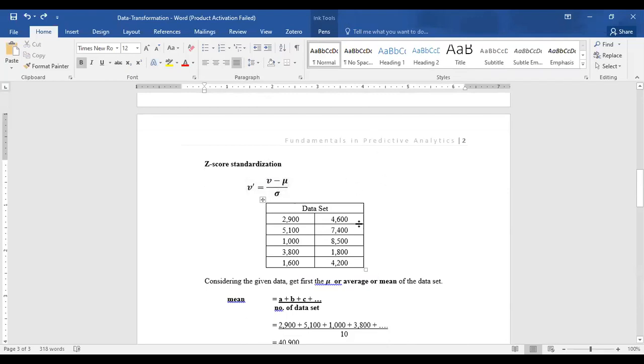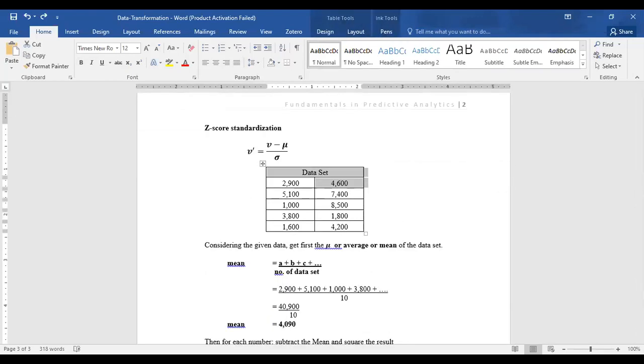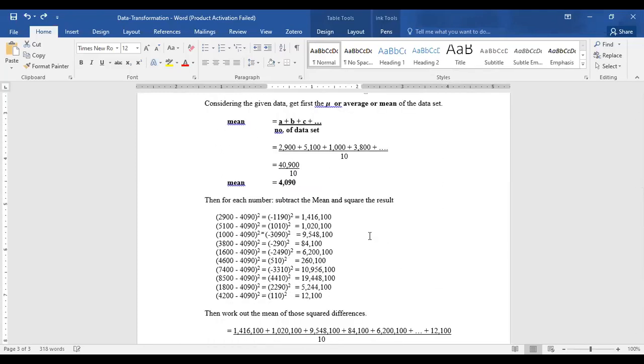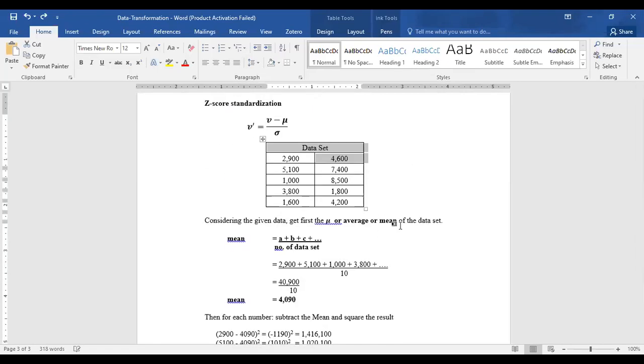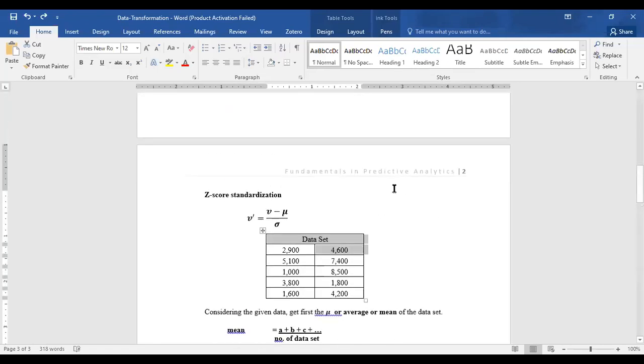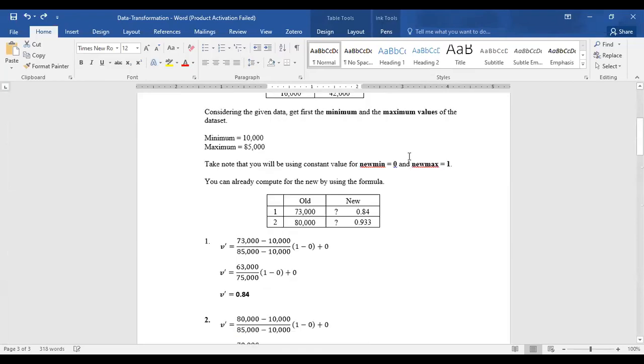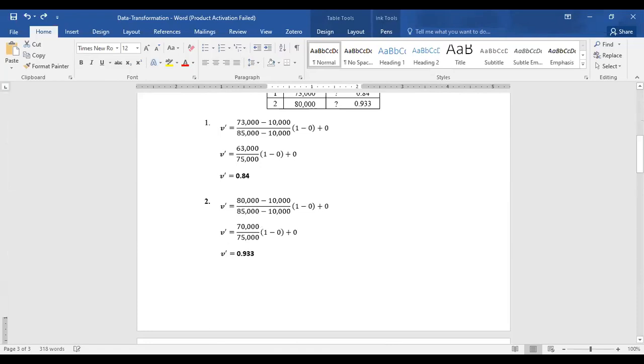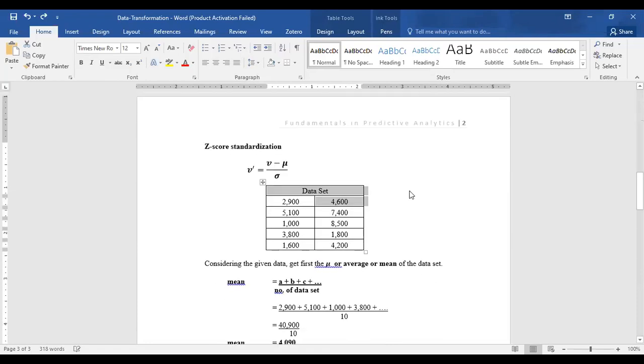The standard deviation is the square root of the squared differences from the mean of the data sets. So that is our Z-score. So Z-score standardization is harder than min-max normalization. But okay lang. So that is the activity I will give later on, min-max normalization and Z-score.